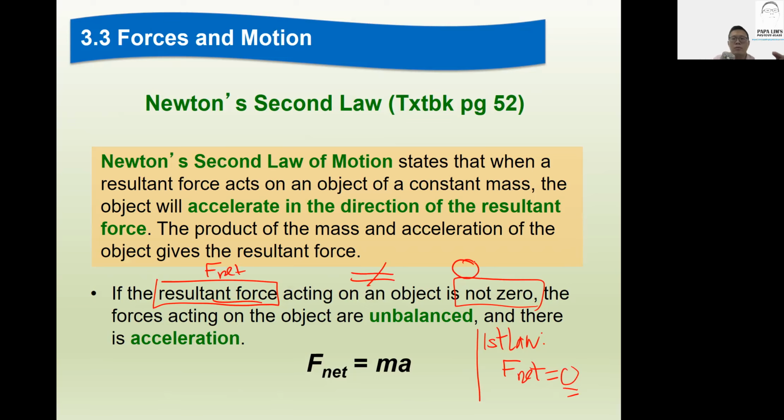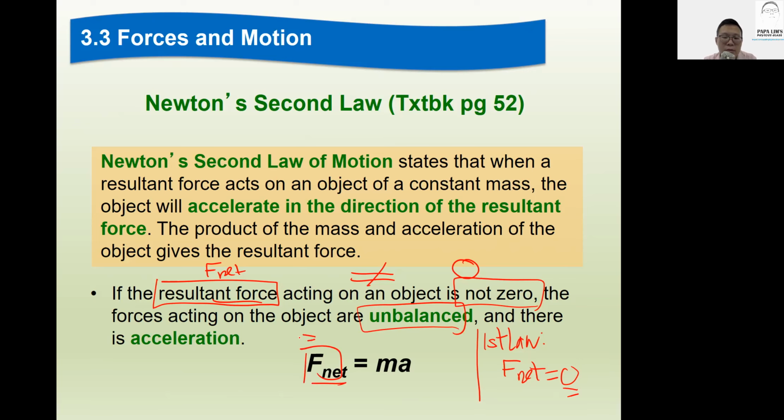So this is what we call two situations, whereby Newton's law, F equal ma, F net equal ma. First situation is whereby the F net is 0. Now the second situation is F net is not 0. So when the object is unbalanced, which means there will be a resultant force, and as a result, F net is not 0.